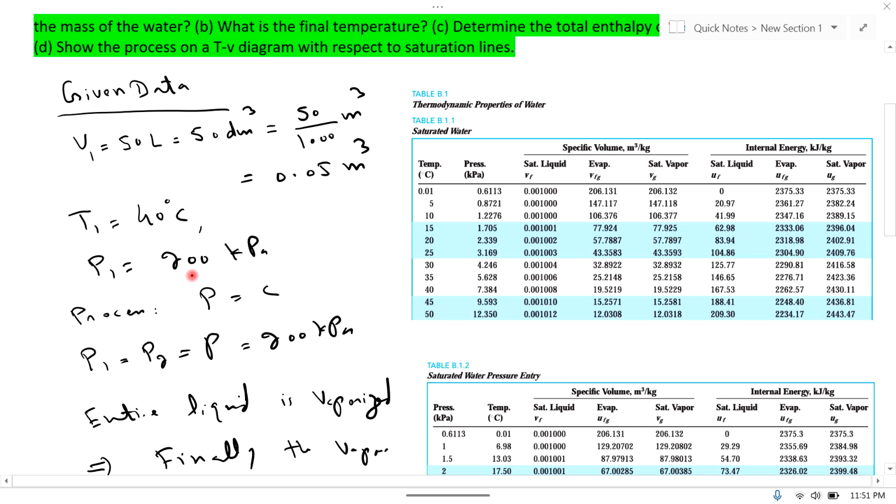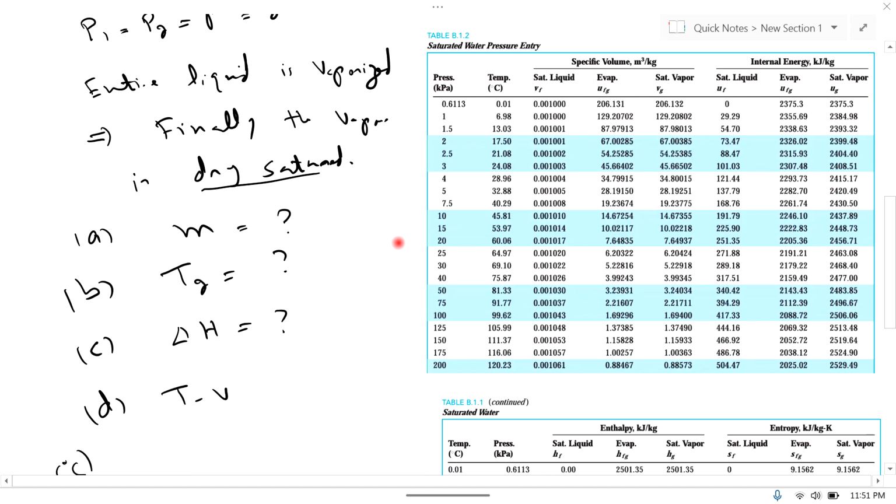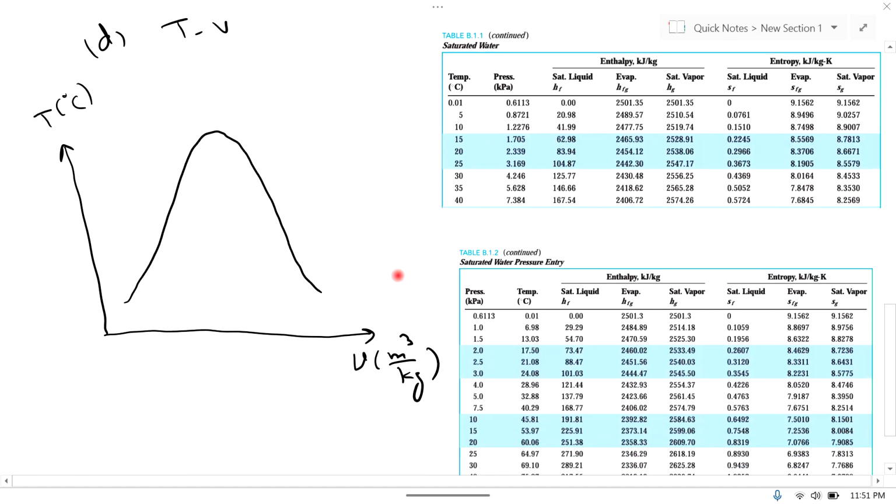So first we check whether at 200 kilopascal this temperature T1 of 40 is a saturated temperature, or superheated, or less than saturation, meaning in the subcooled region or the compressed liquid region.